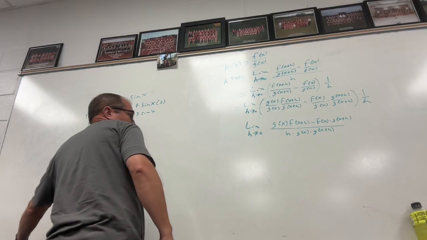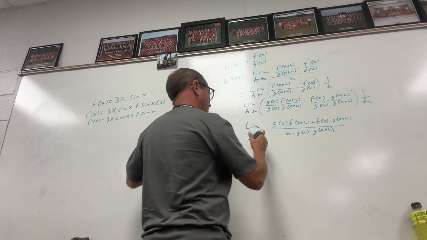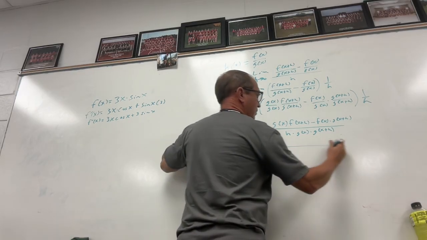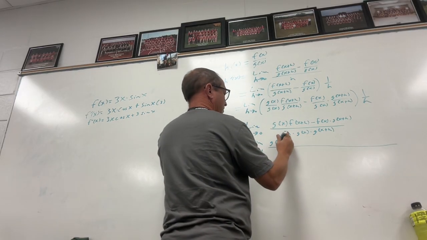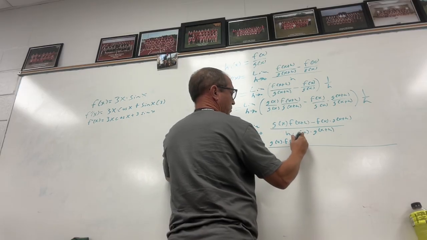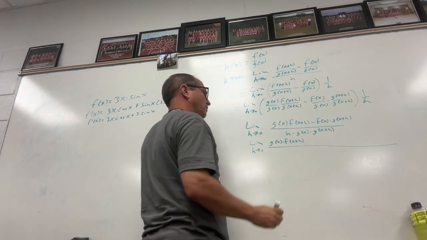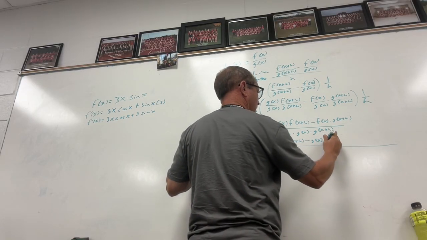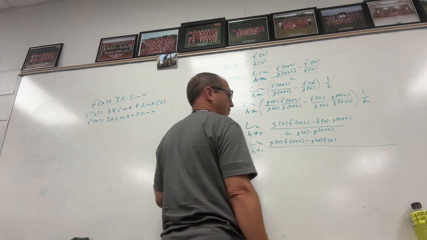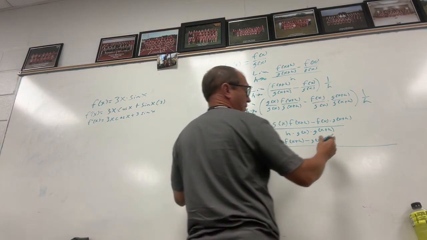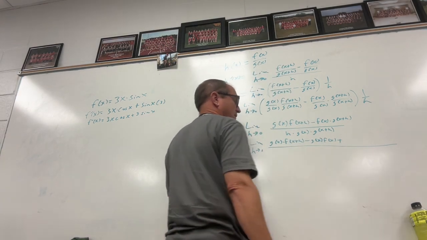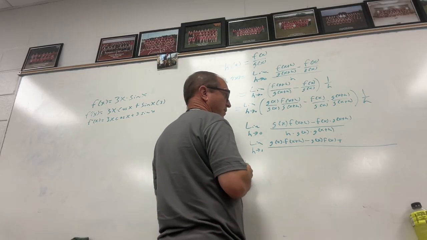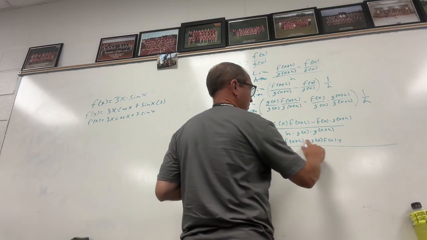So I'm going to take the limit as h approaches 0 of g of x times f of x plus h, and I'm going to subtract from that g of x times f of x. So I've got to add what here? Someone say g of x times f of x. G of x times f of x. All right.